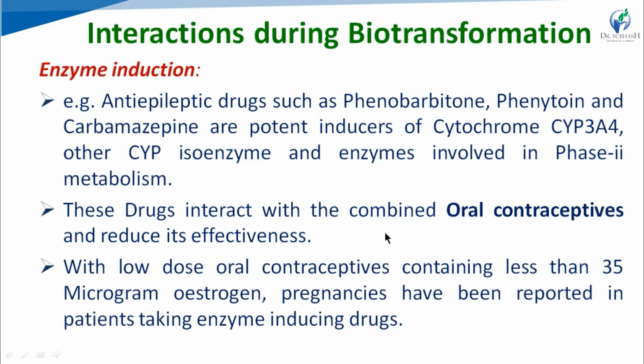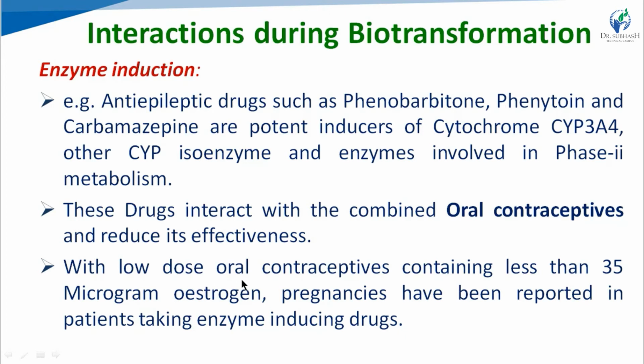These drugs interact with the combined oral contraceptive, and due to that it reduces its effectiveness. देखिए यहाँ पे anti-epileptic drugs, they are inducers of a particular enzyme, and if they are administered with the oral contraceptive drugs, then it will reduce the effect and effectiveness of the contraceptive drugs.